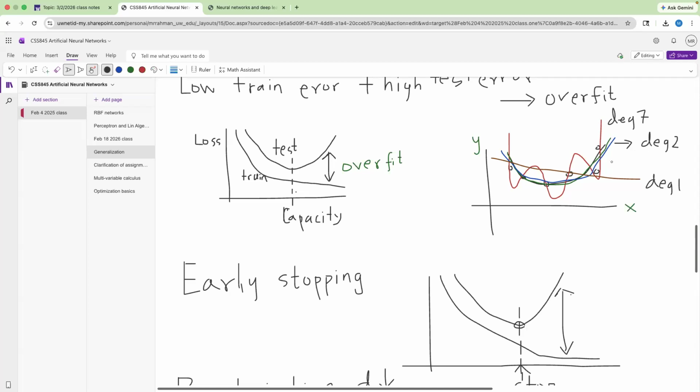Whereas the degree two gave us a green curve that looks very similar and has a much better fit to the data. And then degree one was even simpler, and it was actually not a good fit again, but for a different reason. So the degree two is almost the right fit, right? It's the right level of complexity of the model, and that's what we try to achieve, right? So for the degree seven one, we are going to say that it is overfitting to the noise, right?